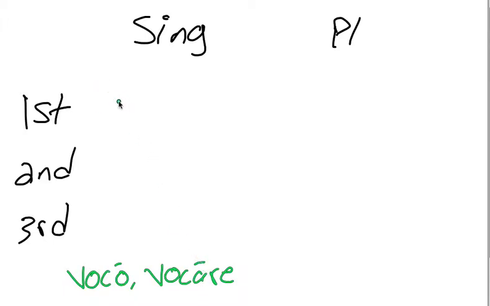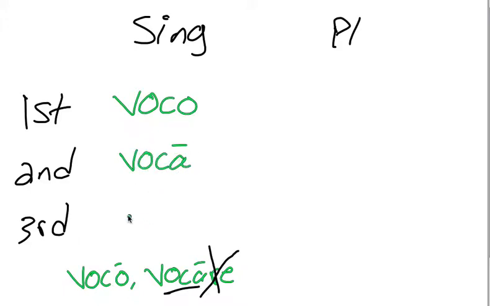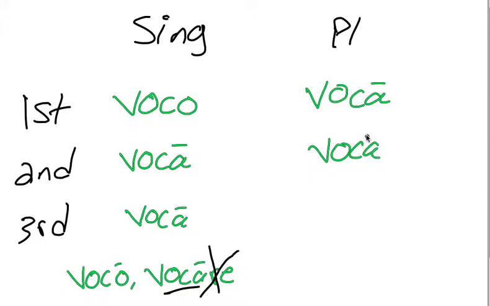In order to conjugate a verb in the passive, just like the active, my first principal part goes here. And then I have to take away the re from the infinitive to get the stem. So I'm going to write out the stem of the verb, which is voca.